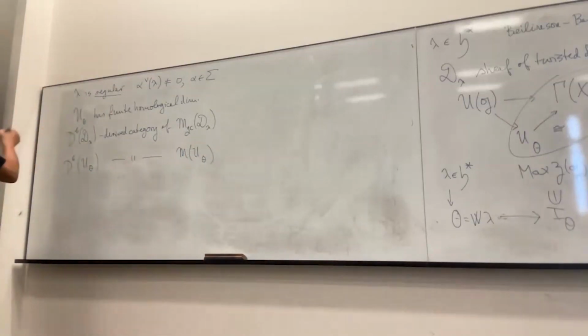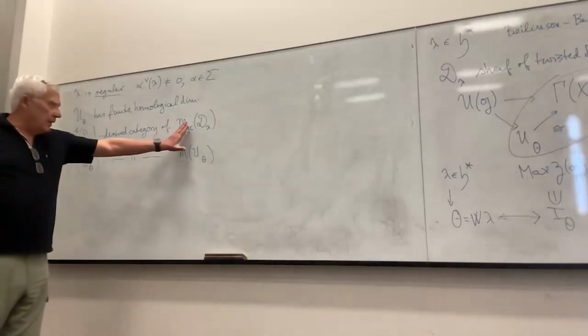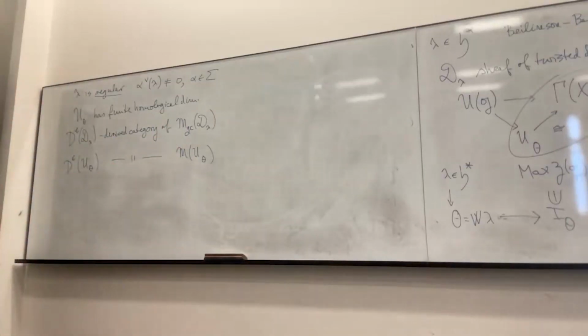Let me point out here that there is a theorem, which requires a proof, that this derived category of quasi-coherent D lambda modules maps into the derived category if we don't drop quasi-coherence, but assume just that cohomologies are quasi-coherent.